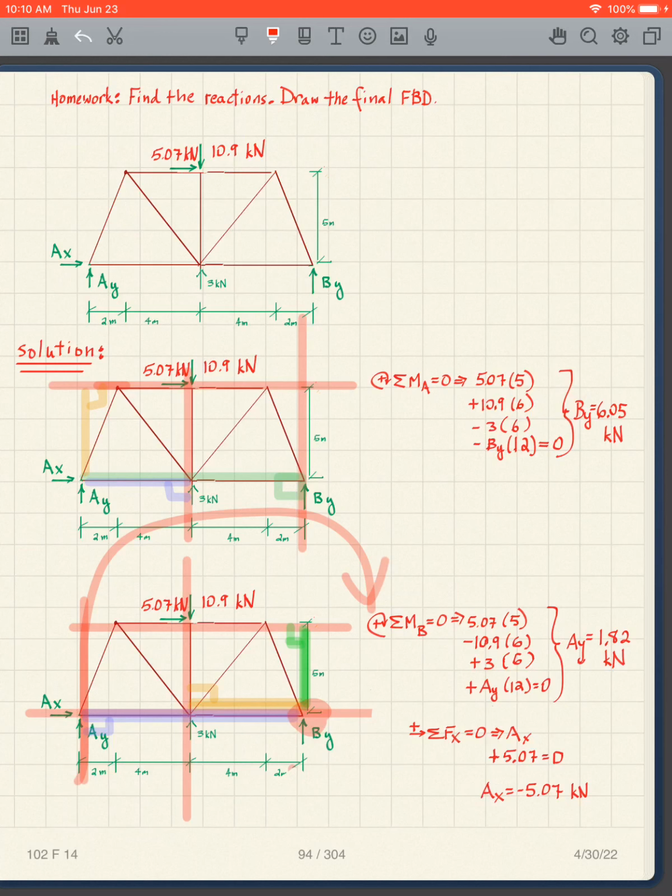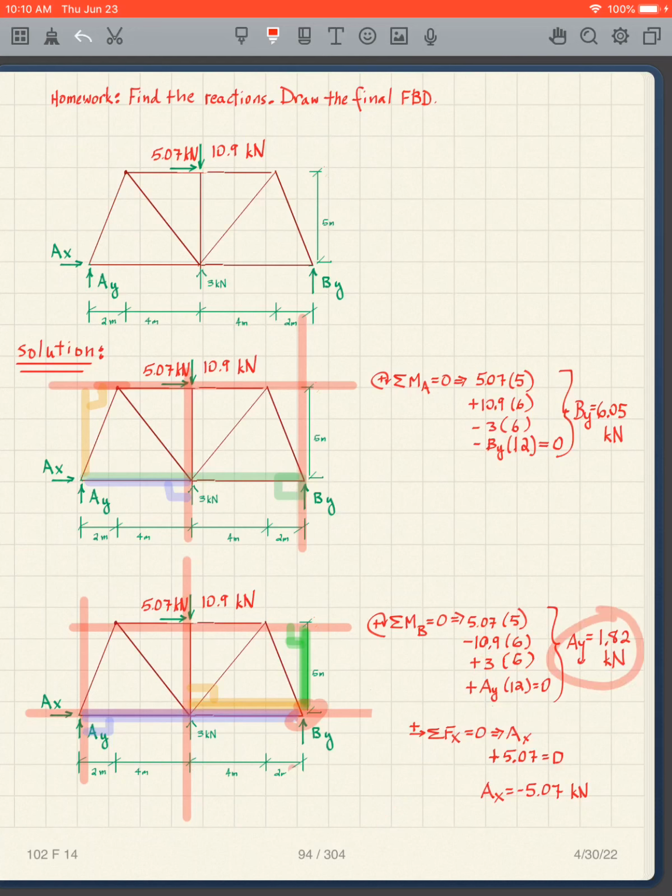It's clockwise, so it's positive. For the 3, it's also clockwise, so it's positive. For the 5.07, it's also clockwise, so it's positive. The 10.9 is counterclockwise, so it's negative.